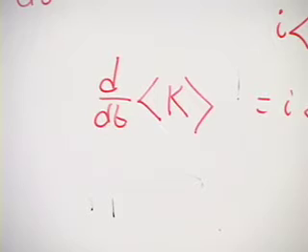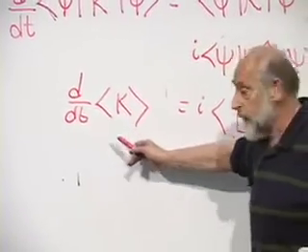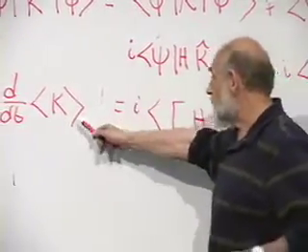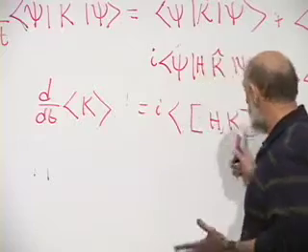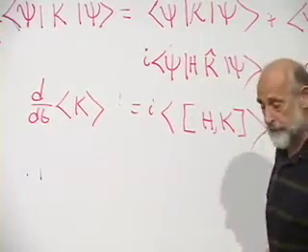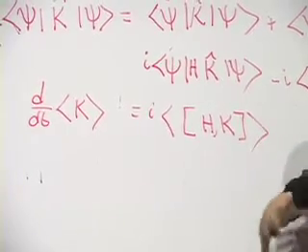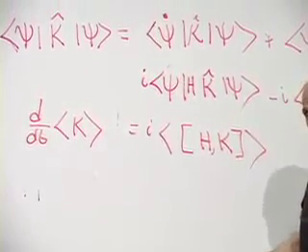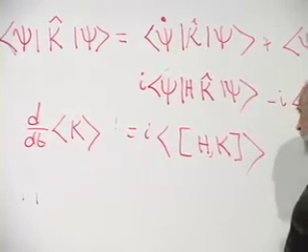That is the way the expectation value will evolve. Now, of course, both sides will depend on what state we're talking about. The relationship between the two is always the same, but the actual magnitude of each of these sides depends on what state we're talking about. All right, this is the rule that we're going to use to figure out how the motion of a wave packet evolves in time.